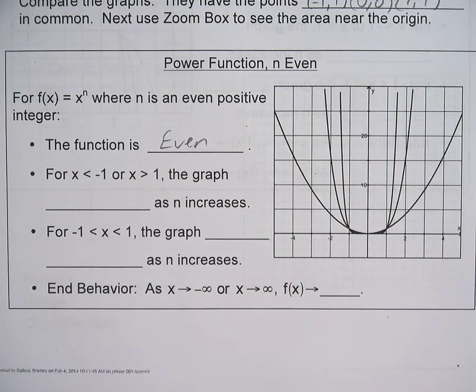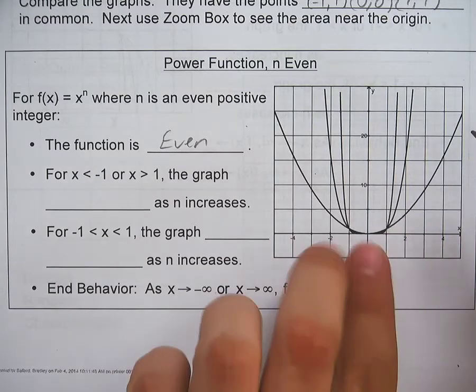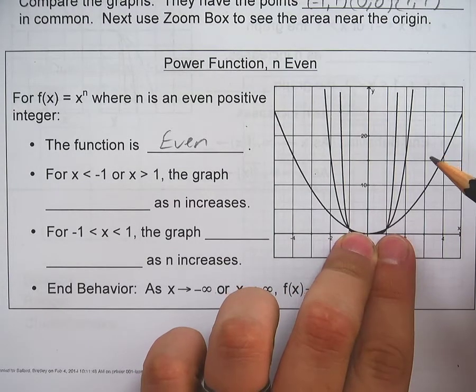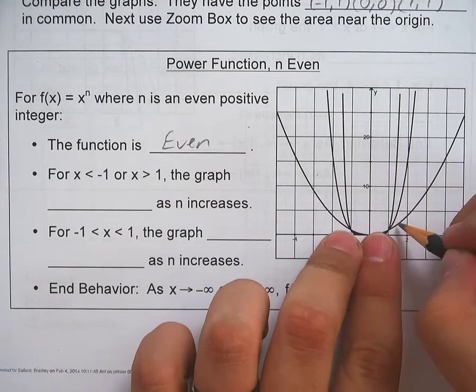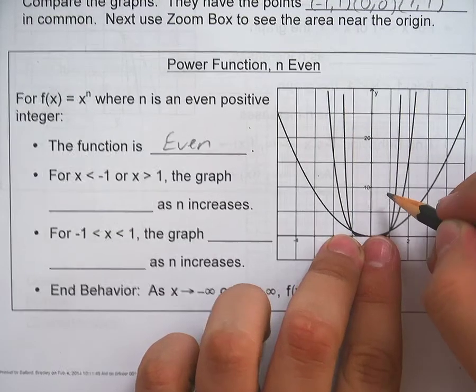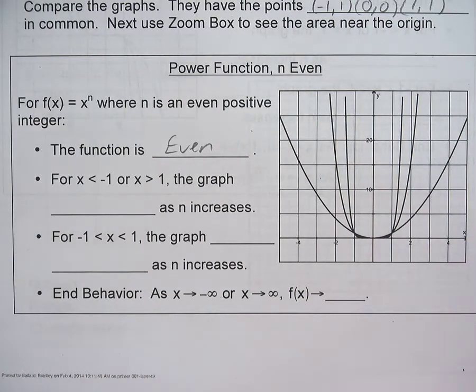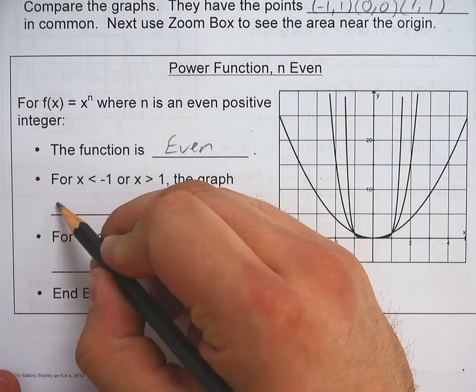Outside of -1 and 1, you'll notice that it gets steeper as it increases. Like this would be x squared, this would be x to the 4th, x to the 6th, x to the 12th. So outside of -1 and 1, the graph is going to get steeper as it increases.